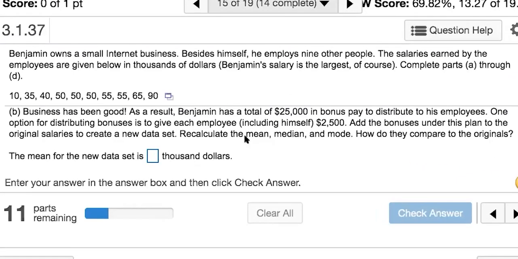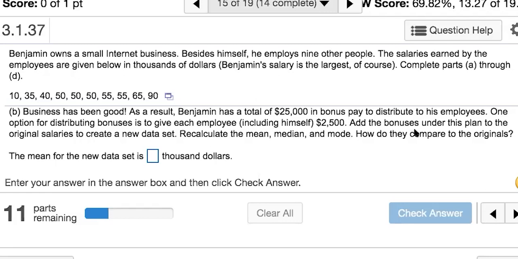As a result, Jen has a total of $25,000 in bonus pay to distribute to his employees. One option for distributing the bonus is to give each employee, including himself, $2,500, and add the bonuses under this plan to the original salaries to create a new data set.